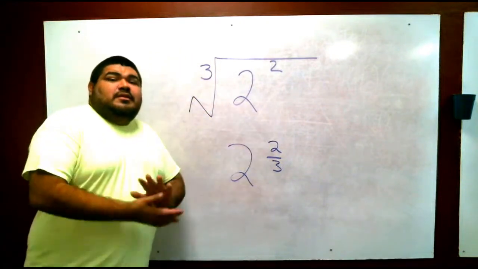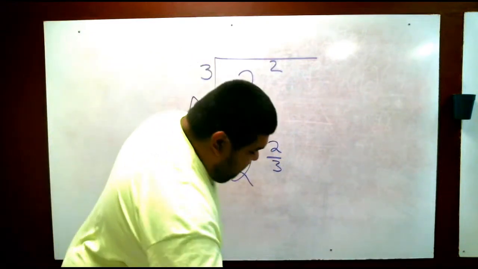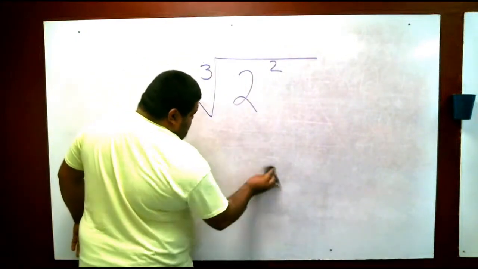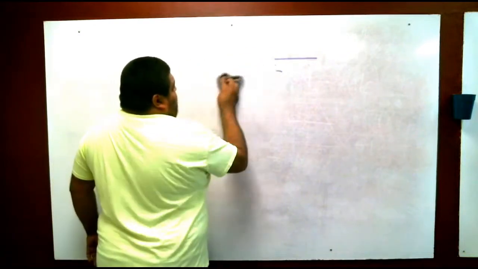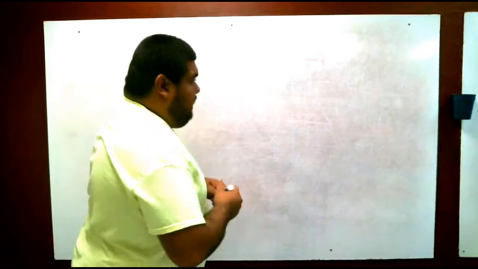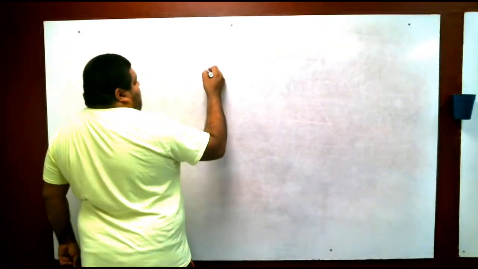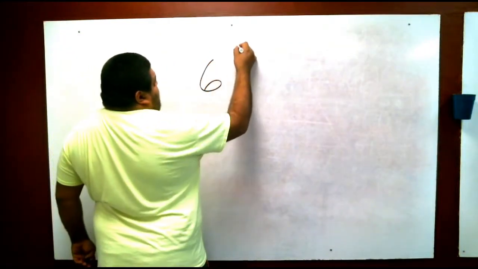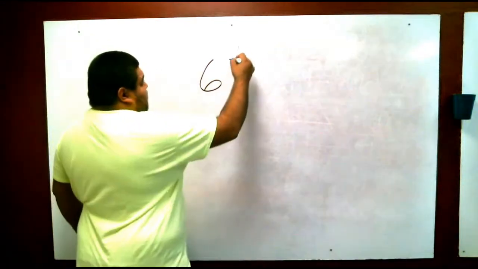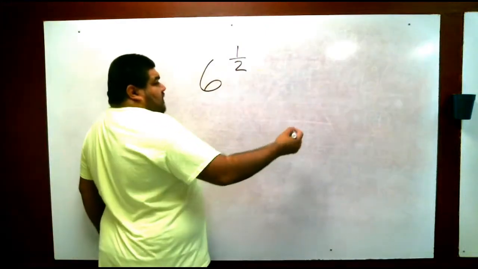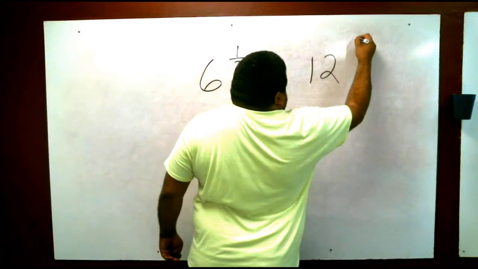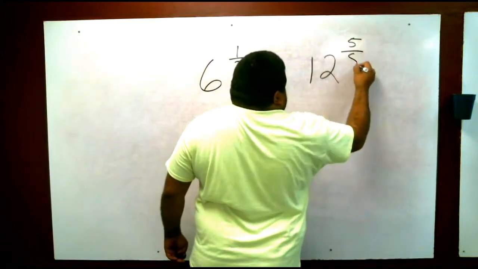Copy it down, and then I'm going to give you your assignment. Alright, so your assignment for today is 6 1/2. That's the first one. 6 and 1/2. Then you also have 12 5/8.